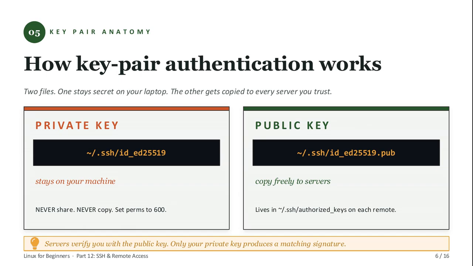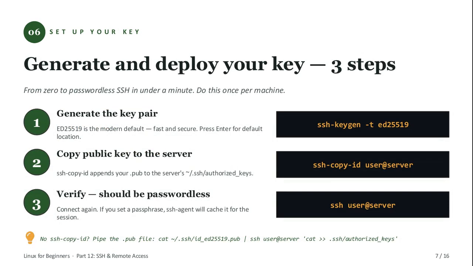The public one, ending in .pub, is the opposite. You can paste it anywhere, and it goes into a file called authorized_keys on every server you want to reach. When you connect, the server uses that public key to challenge you, and only the matching private key can sign the right answer back. That's the whole trick.